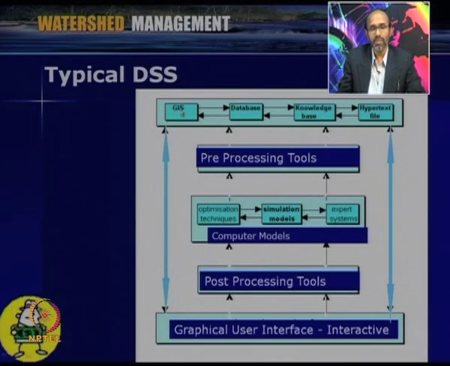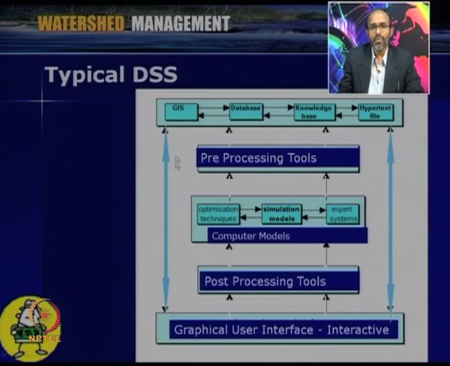So, GIS will be one component, and based upon the available data, a database can be generated, and then a knowledge base where the appropriate data can be put and corresponding pre-processing can be done. And then a corresponding hypertext file where anybody can look into those files and add comments. So, one important part of a typical decision support system is the pre-processing tools as listed here.